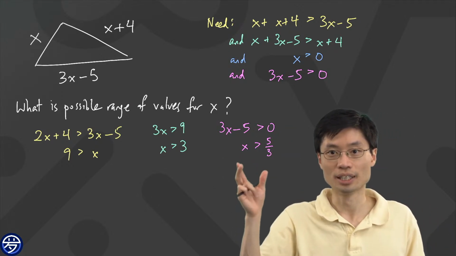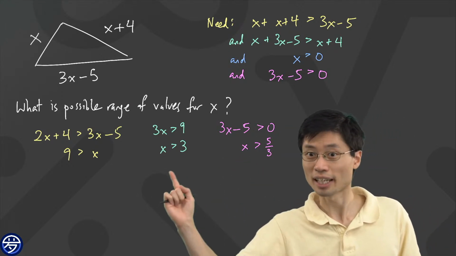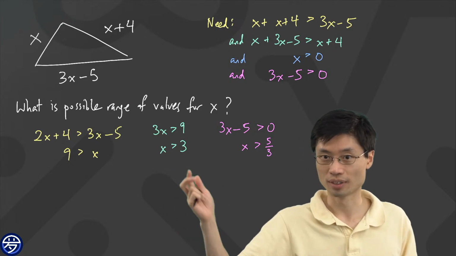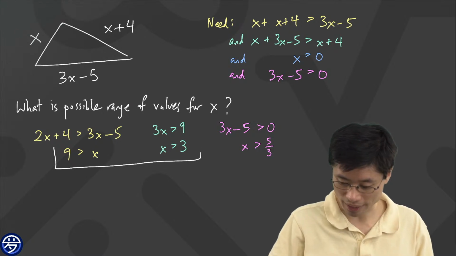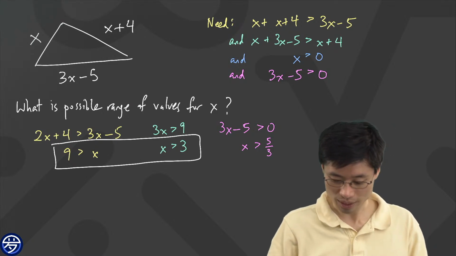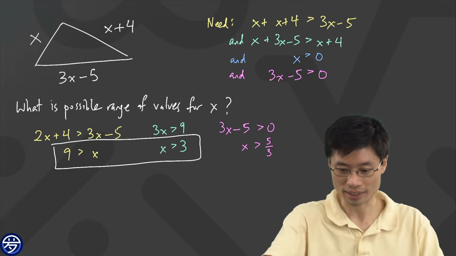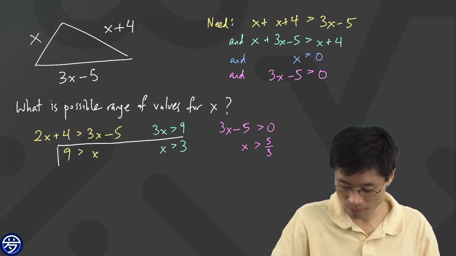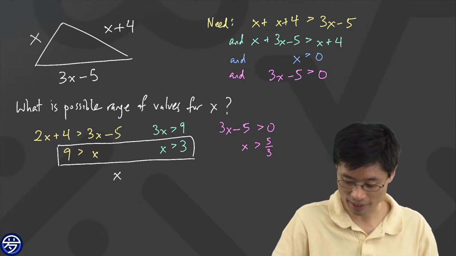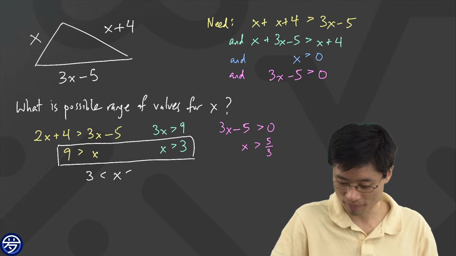But if I look at this, the x bigger than 5/3, this x bigger than 3 is a stronger condition. So that means that these two are the only conditions that actually matter. So that tells me that the possible range of values for x is x goes between 3 and 9.